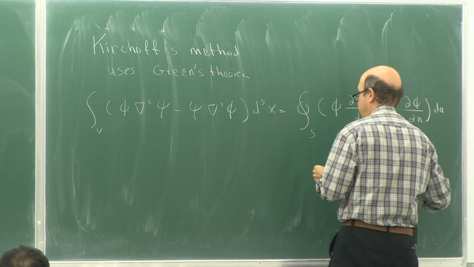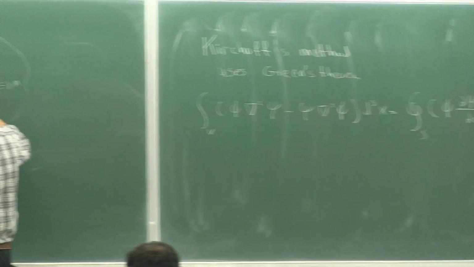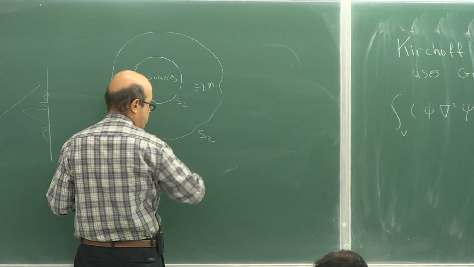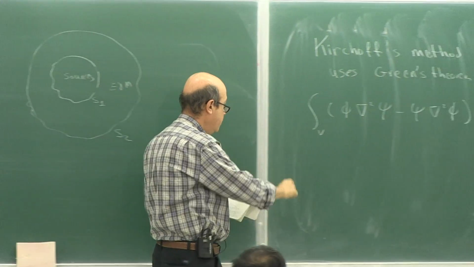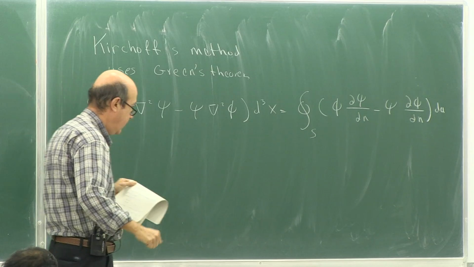The surfaces here are the S1 region and S2 region, and the fields in the volume are psi and phi.